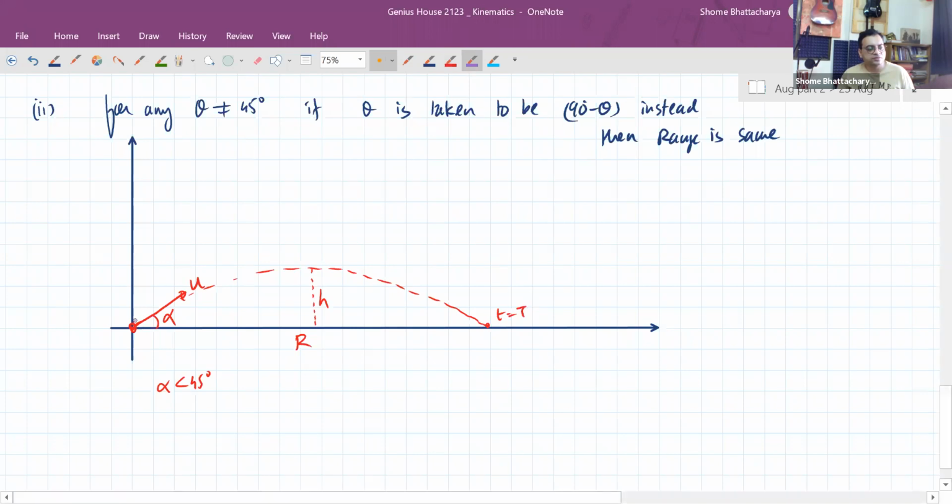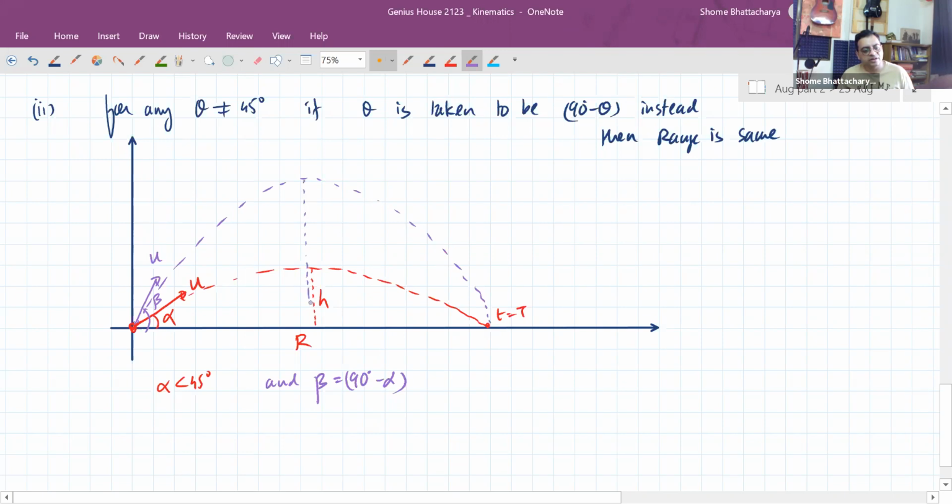Now, instead of this, if we were to project it at an angle beta like this, but at the same speed of projection, and beta is 90 degrees minus alpha, then we would observe that the projectile would go in this kind of path, would go to a greater maximum height.